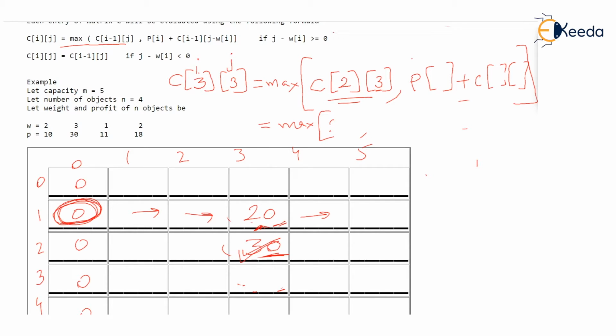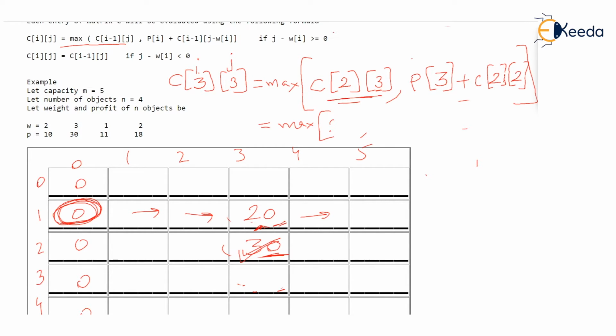Pi stands for P3 here, the profit of the third object, plus Ci minus 1, that is 2, and j minus wi. Recall j minus wi was also 2 because it was 3 minus 1.